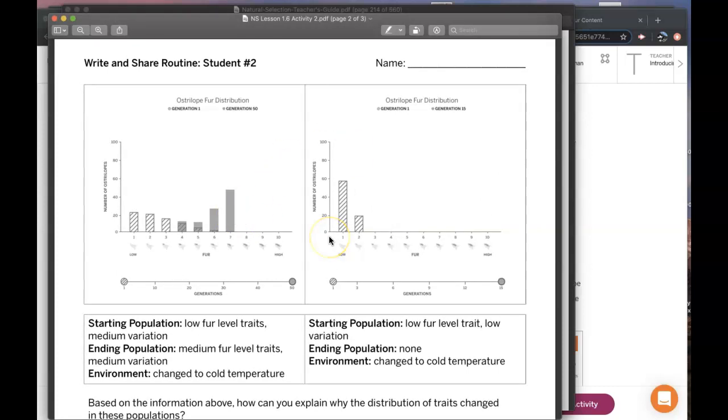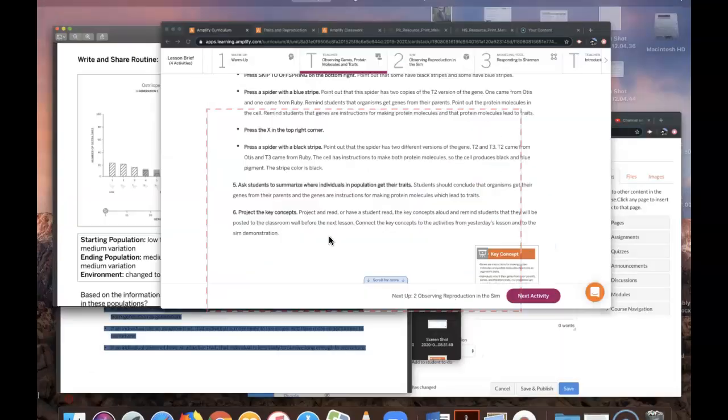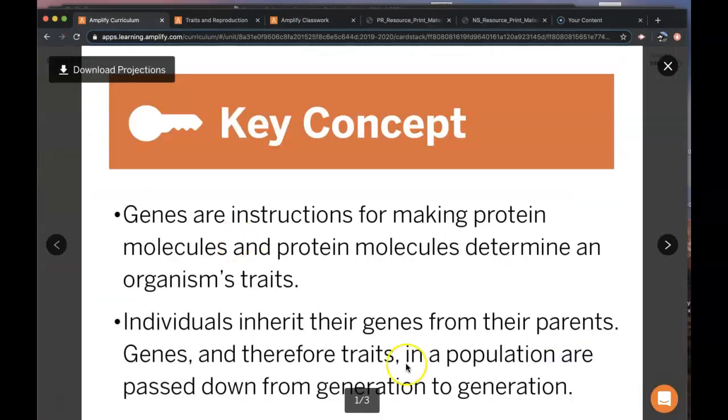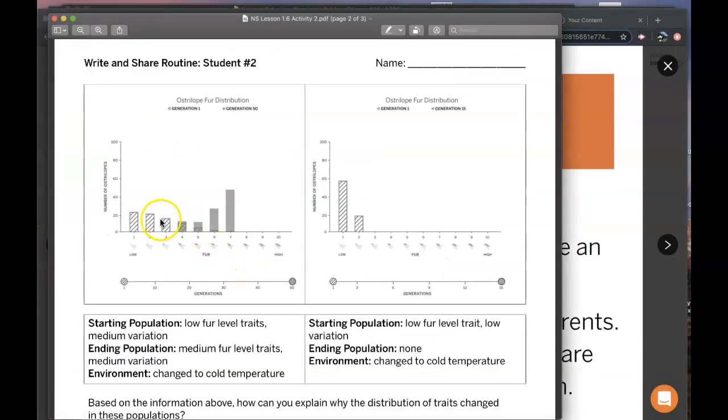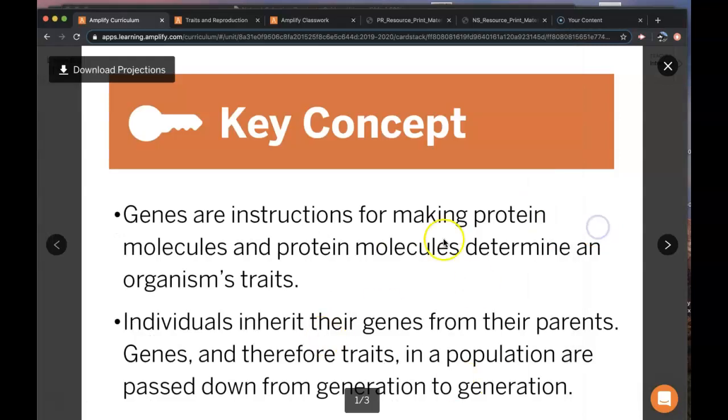This is why this key concept, that genes are passed down from their parents, matters. When you have an initial population, if these traits of 8, 9, and 10 do not exist in the initial population, they can't be passed down on to future generations. You can't just all of a sudden, 50 generations in, show these traits existing. It can't happen because they have to be passed down. That's what these key concepts are telling us.